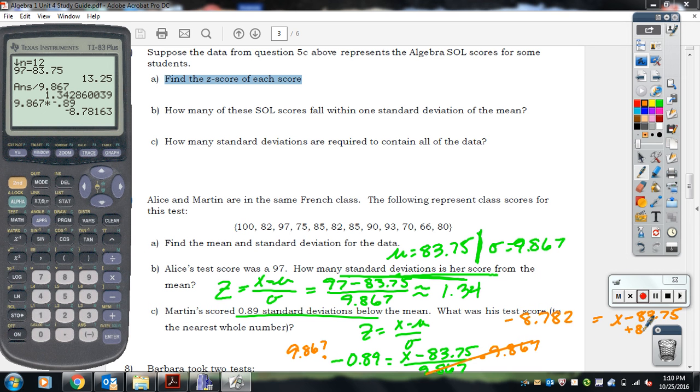We solve this by adding 83.75 to both sides. X equals negative 8.782 plus 83.75, and we get what Martin got, which is 74.97, or more likely a 75. Either one of those would probably be called the correct answer.